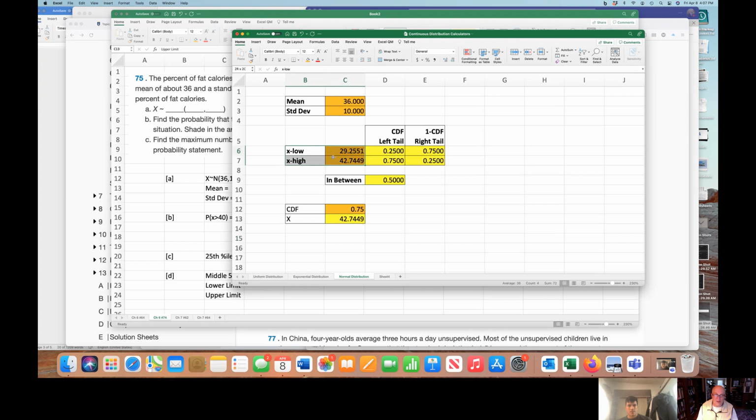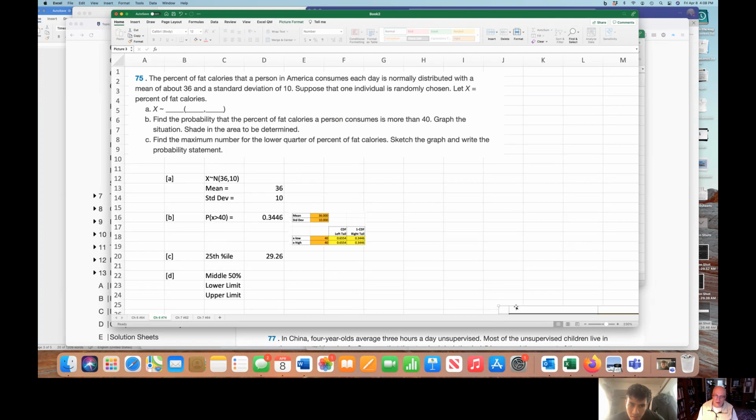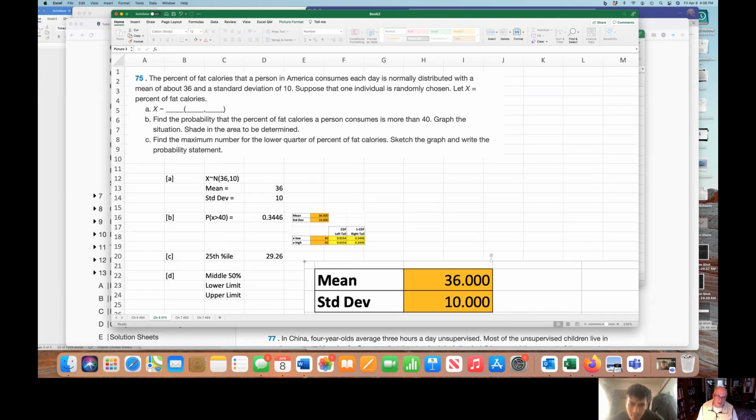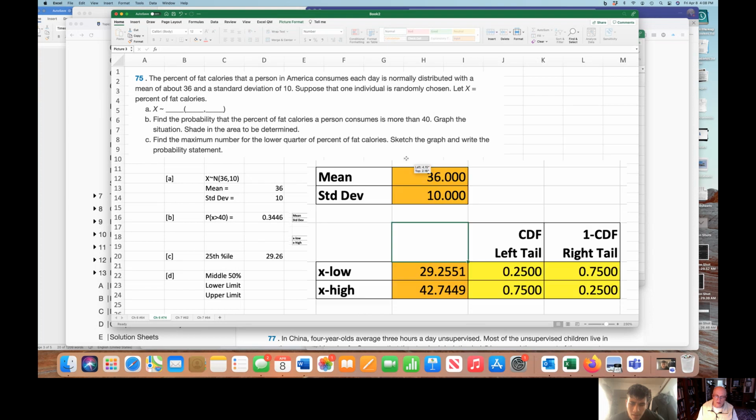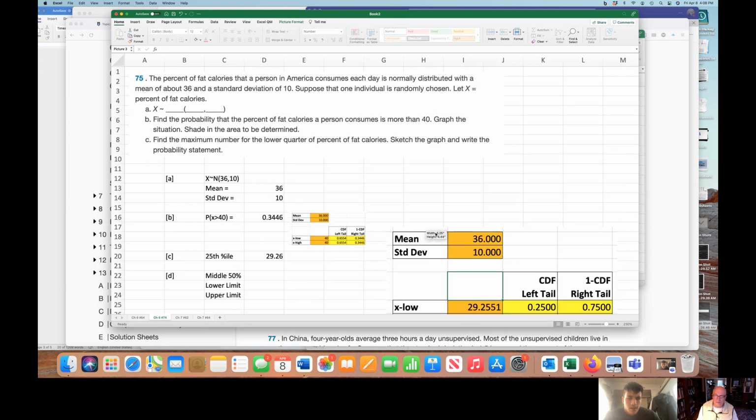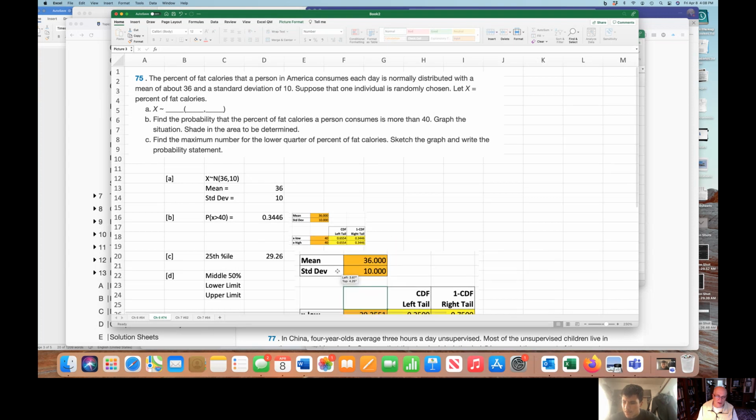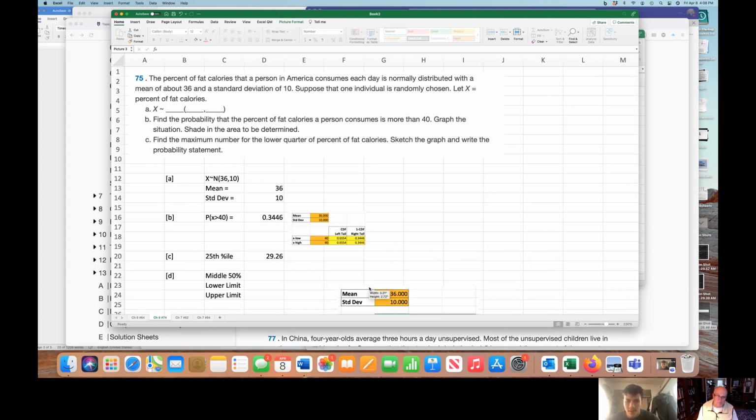So if I copy this X low and X high, that's really what I got here. So if I just copy this, well, might as well copy the whole thing. And I will make that much smaller. I'm using the calculator to make my life easier, right? Right. Are you following?